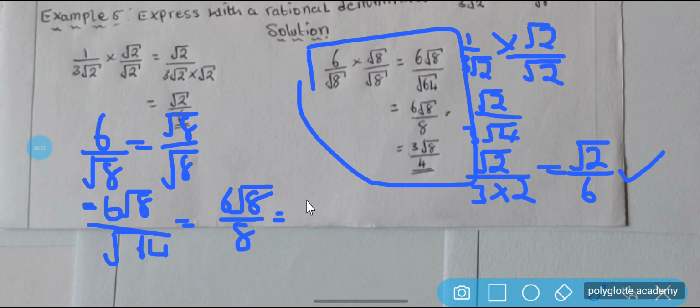And this one can be analogous to 6 times root 4 times 2, because we can still put 8 in another form, 2 times 4. Sorry, let me clean the board.